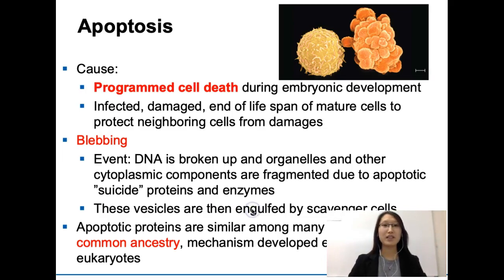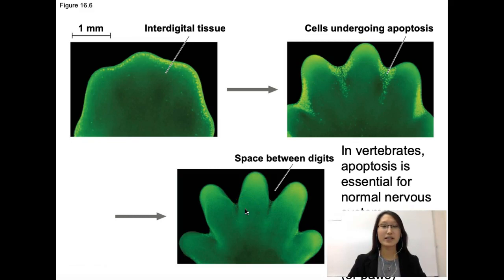So the next one that we want to talk about is this picture right here. I told you in class that the formation of different digits of your hand requires apoptosis during the developmental process of an embryo. As you can see right here, earlier in the developmental process of an embryo, we have this webbed hand, right?